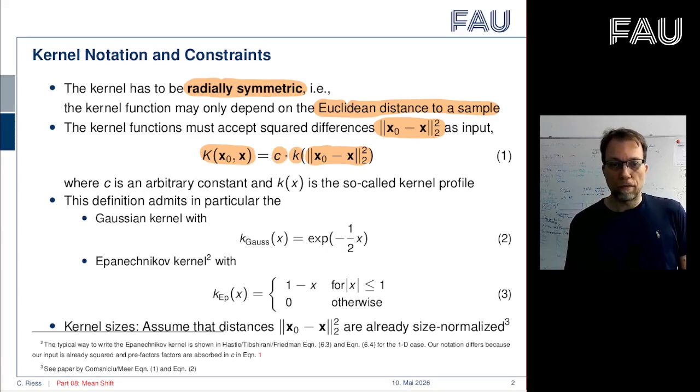And k(x) has a separate name. If you check the mean shift paper, you'll find it there also. They call it the kernel profile.